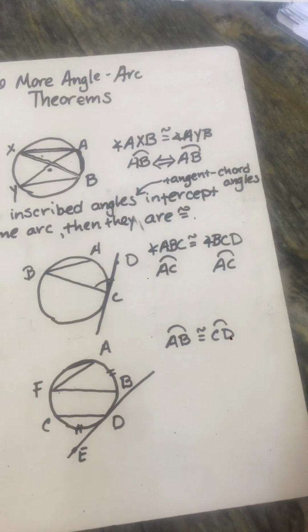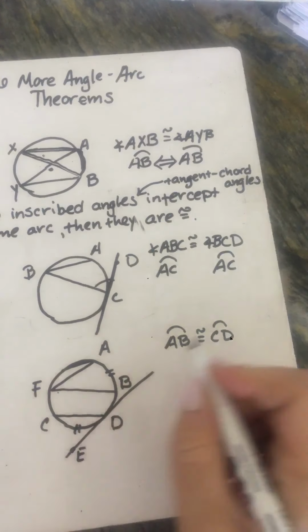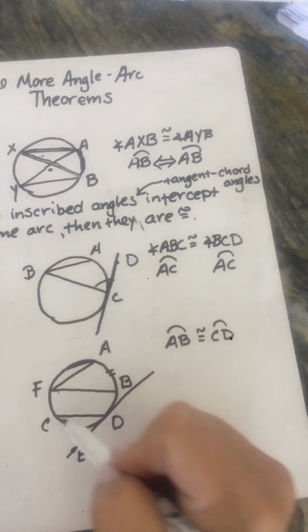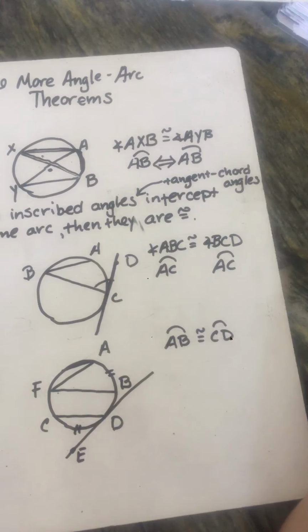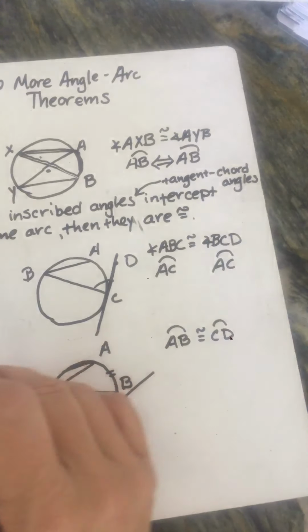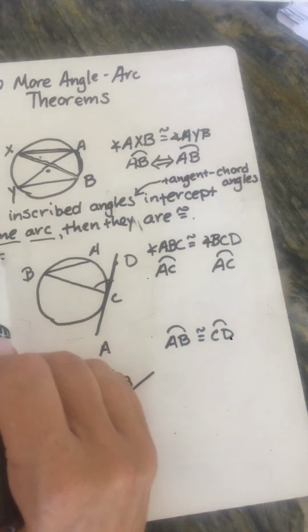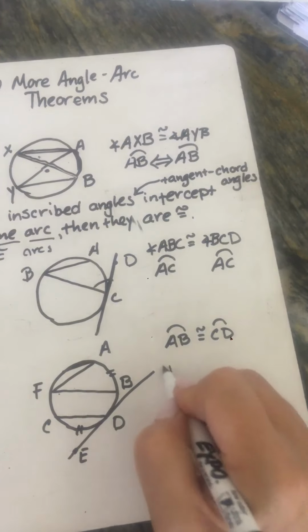Guess what, friends? The inscribed angle and this tangent chord angle are also congruent. Or if it's two inscribed angles, maybe you don't have a tangent chord angle here, maybe you have an inscribed angle, they will be congruent. So it's very similar to this one, except instead of saying the same arc, it'll be congruent arcs. So here we go.